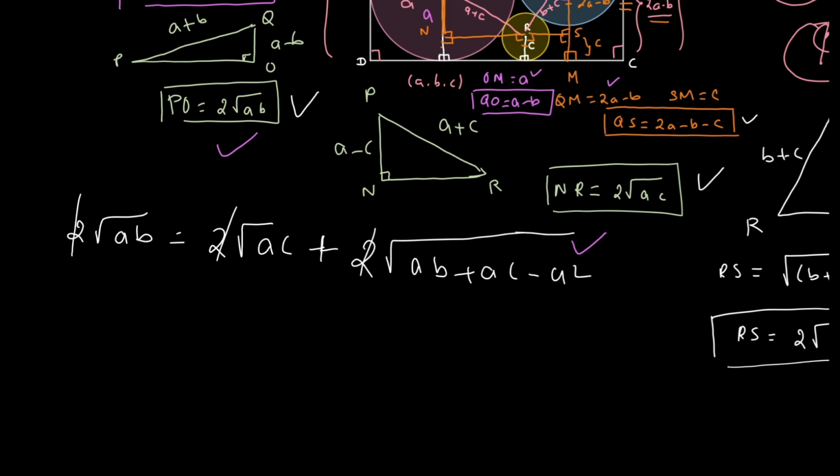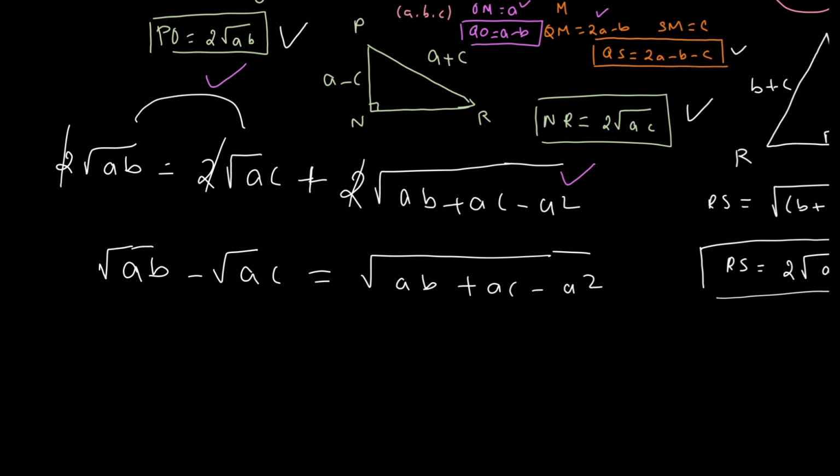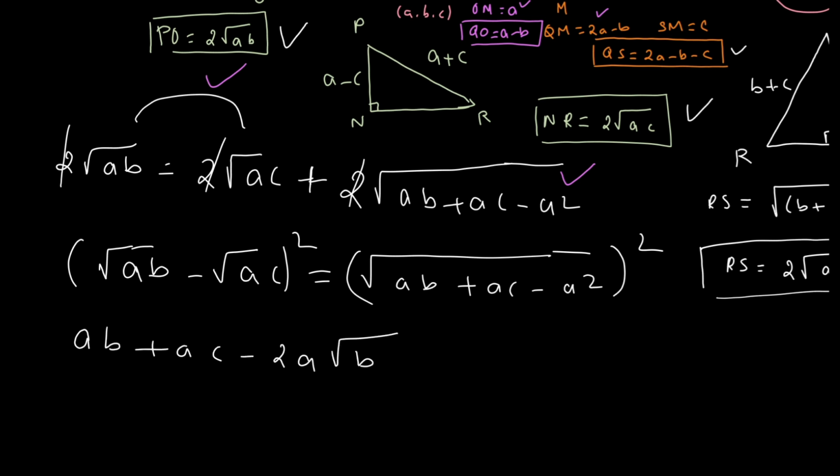Now 2 and 2 got cancelled out. I will move this term to that side. Therefore square root of AB minus square root of AC equals square root of AB plus AC minus A square. Now to simplify this further, I will square both sides. So the square on the LHS will give me AB plus AC minus 2 times A times square root of BC.